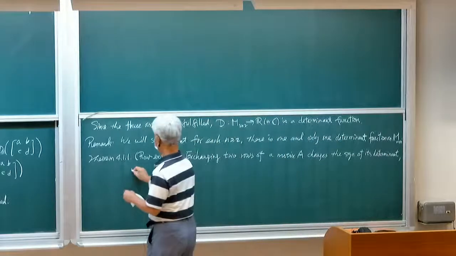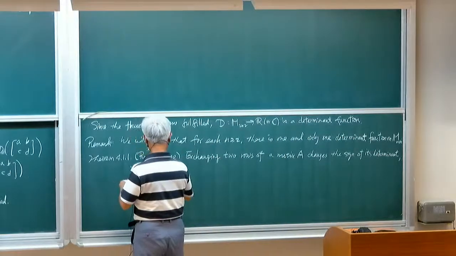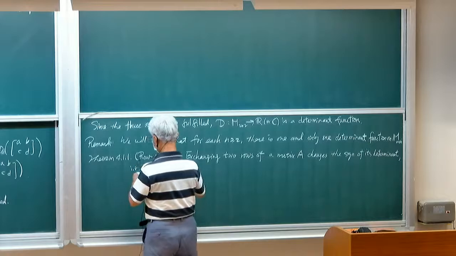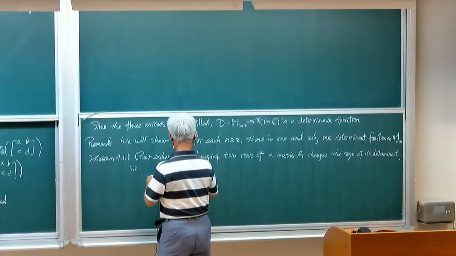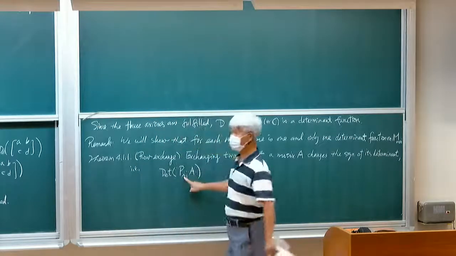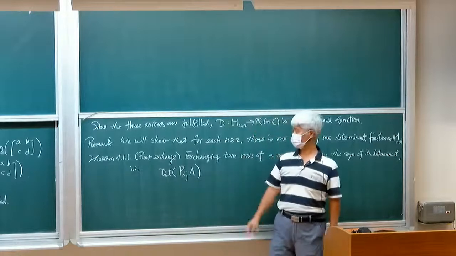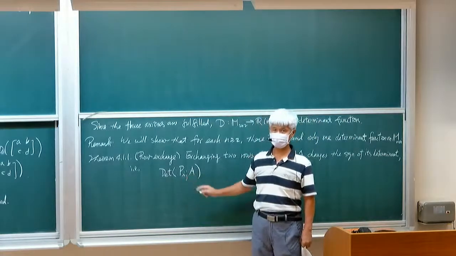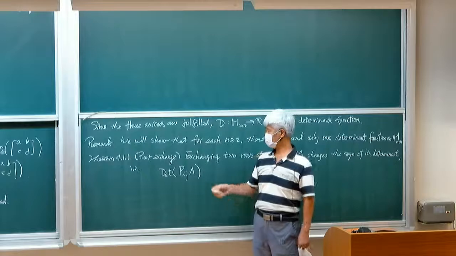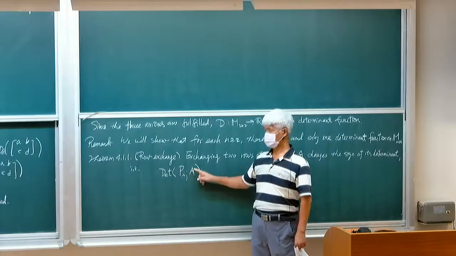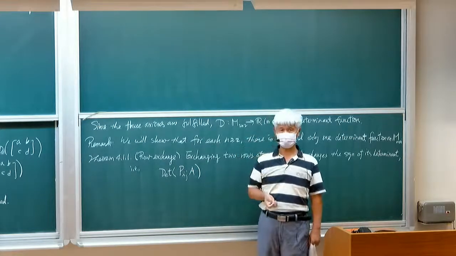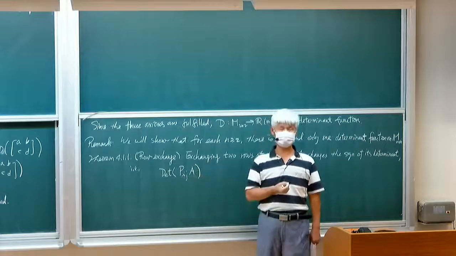I.e., the determinant of a new matrix. So if you apply the elementary matrix, the permutation matrix Pij, you just exchange the i-th and j-th rows in the matrix A, so that this will be a new matrix.